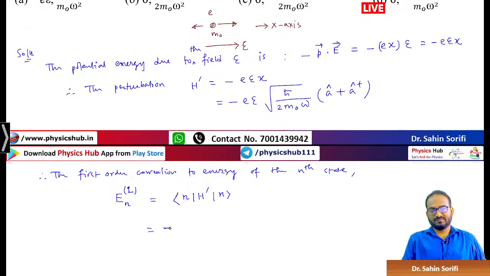So this is minus eE times square root of h cut by twice m naught omega, times <n|a plus a dagger|n>.